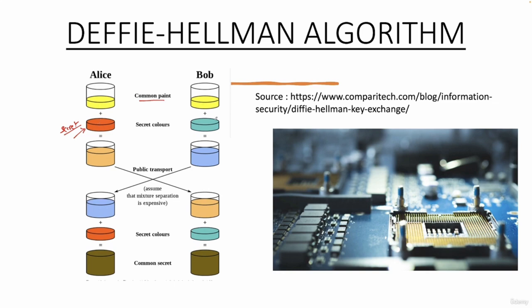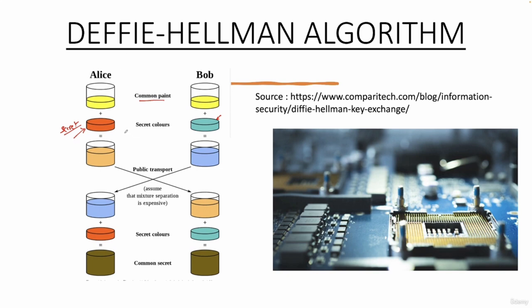In the same way, Bob is coming up with another secret color, and Bob is not telling it to anybody. If you ask what these secret colors are, imagine that in computers or in mathematics, they would be large prime numbers. We're not talking about small numbers, but large prime numbers.